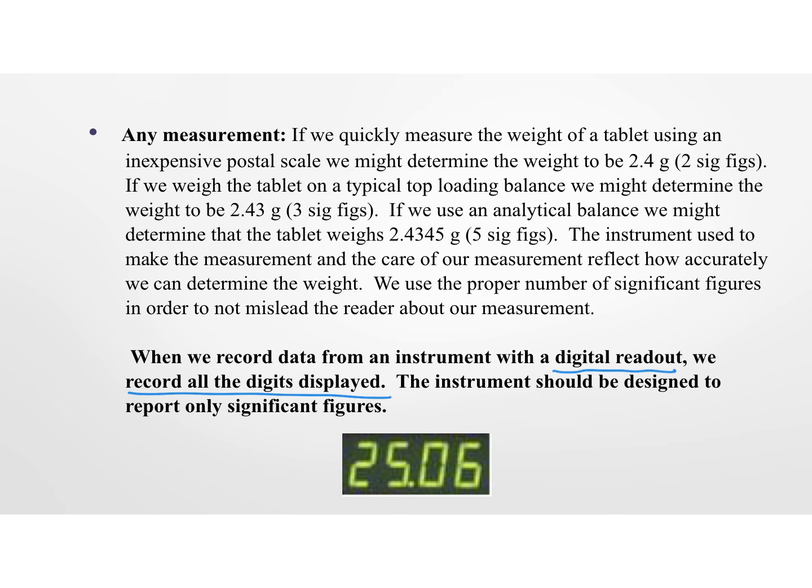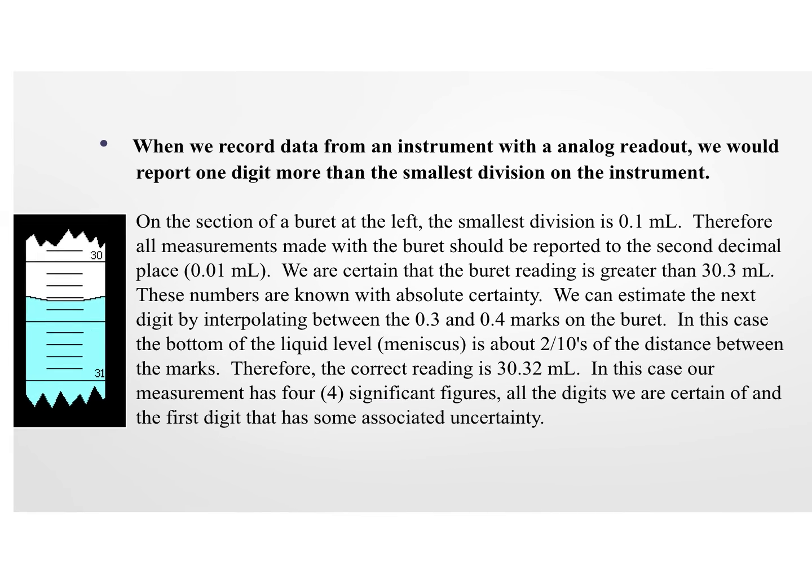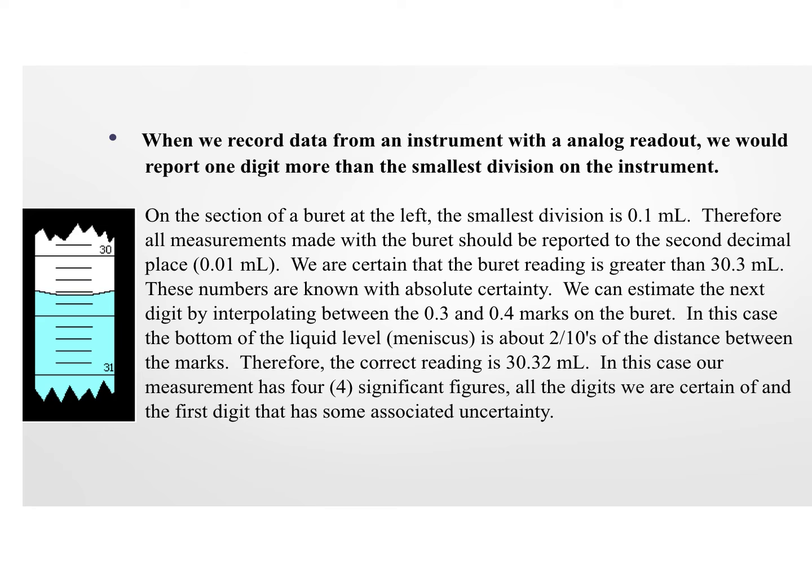All right, so digital instruments are super easy. Are you ready for the ones that are not as easy? The type of instruments that are not as easy to read are analog instruments. I'm going to have you copy what I want you to put in the notes first, then we'll do the example. For an analog, it's like this.